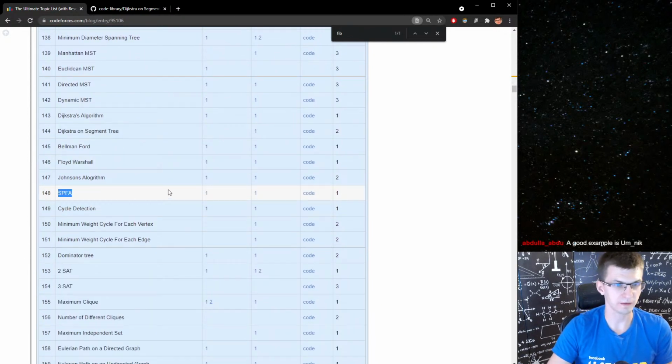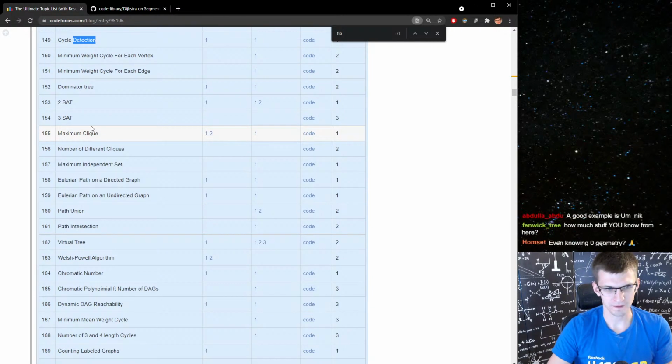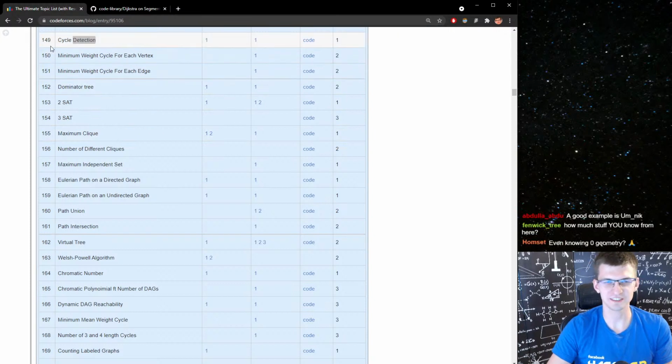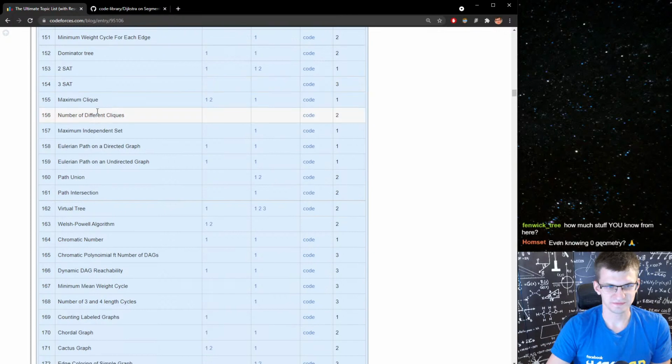I don't know SPFA. Shortest something paths. And cycle detection is always difficult. You need to think not to mess it up. I still don't know if we require like 3 colors for cycle detection. FreeSat.